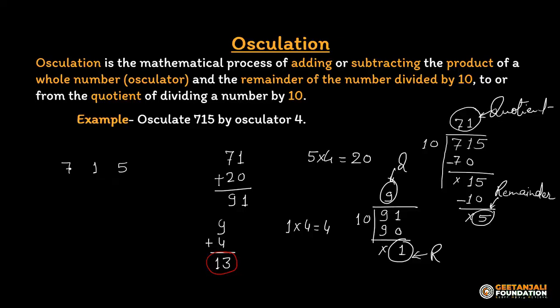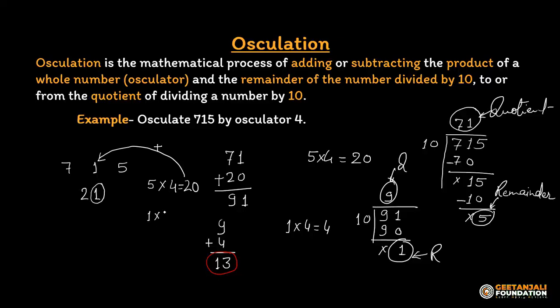So when you have to osculate this number 715, first you multiply this unit place digit 5 by the osculator. Whatever result comes, like here it is 20, add this result to the next digit, so you get 21. Now since you have got a 2-digit number, you need to osculate this number once again. So this is your unit place digit.